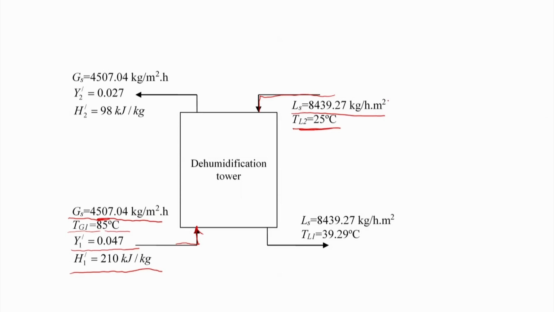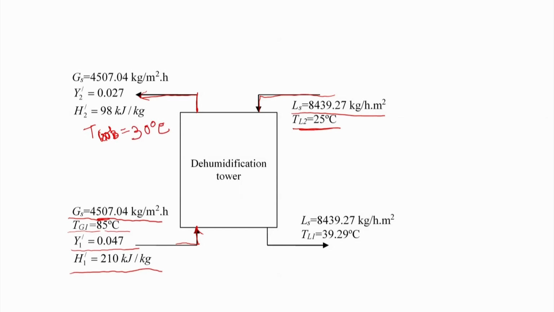That is 1.4 times the minimum water flow rate. And the air that is leaving the dehumidification column, we can say this Tg2, the wet bulb temperature, is 30 degree Celsius.